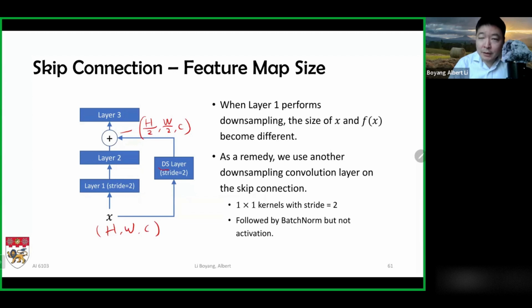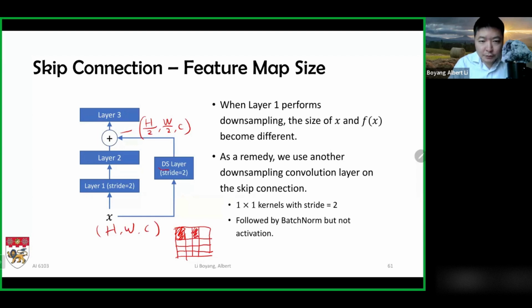So this may lose some information. If we have, say, a 4 by 4 feature map, we're going to do a 1-by-1 convolution here, and then skip a pixel and do another 1-by-1 convolution here.